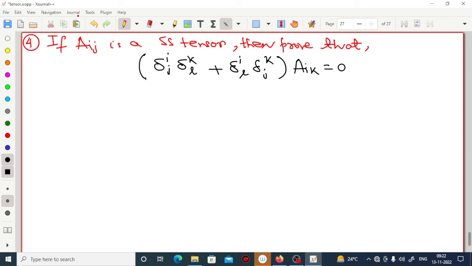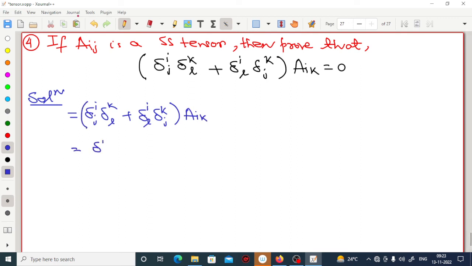Let us try to proceed with this. Just a task of few lines. You have to do nothing. Just start multiplying this. Take the LHS and start multiplying. So I write delta of Ij, delta of Kl plus delta of Il, delta of Kj multiplied to A of Ik.